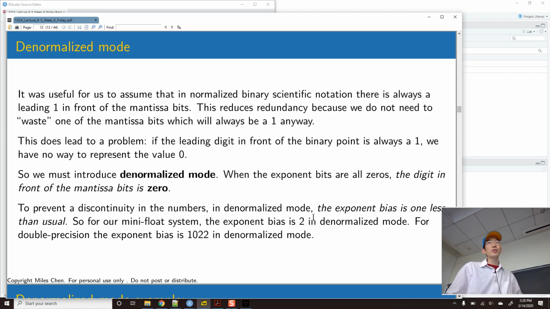This is to prevent some kind of discontinuity. So normally our exponent bias is 3, but in denormalized mode, it's 1 less than normal. Our exponent bias becomes 2. In double precision, our exponent bias is usually 1,023, but in denormalized mode, it becomes 1,022.